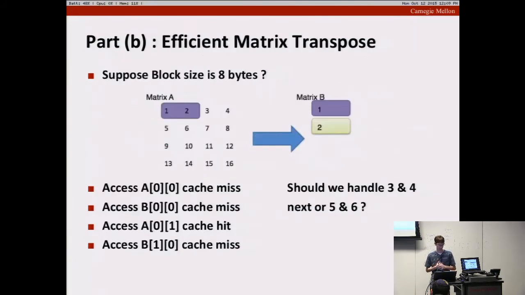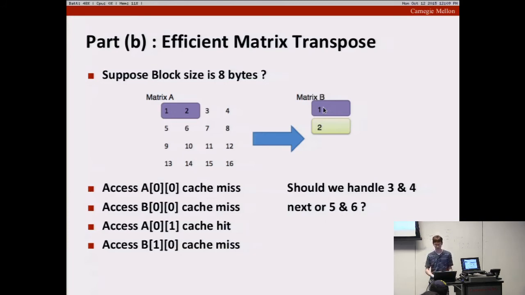So here we're supposing that our block size is 8 bytes, and these are 4-byte integers. We access A00, this 1. This is a miss. Nothing's in our cache yet. It's the first access. Then we access B00, because we're moving A00 to B00.